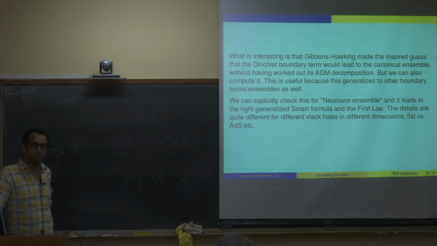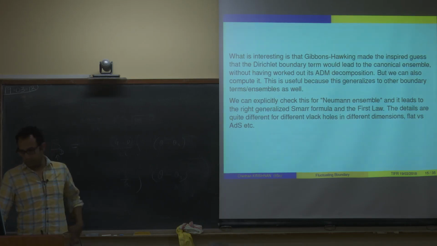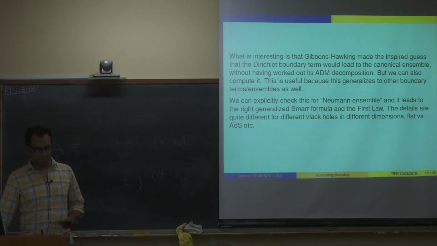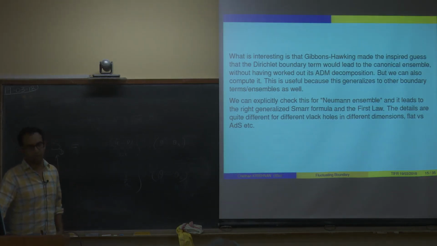What I mean is that in Euclidean signature you can just specify some pi ij at the boundary, and there will be some solution corresponding to that, in the sense that you can solve your perturbative gravitational equations with that boundary condition.